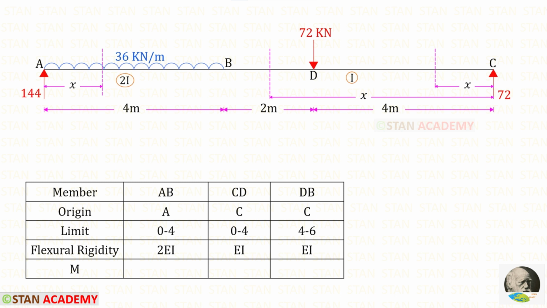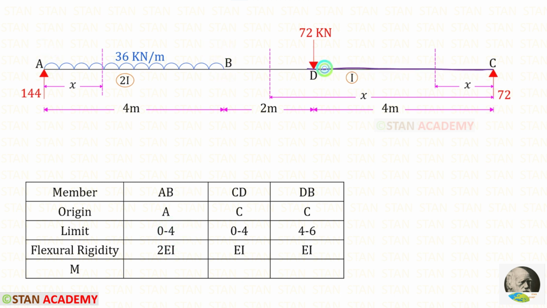Now let us make a table. In the table, first let us enter the members. There are 3 members, AB, CD and DB. For the first section, the origin is A, and for these 2 sections, the origin is C. For AB, the limit is 0 to 4.